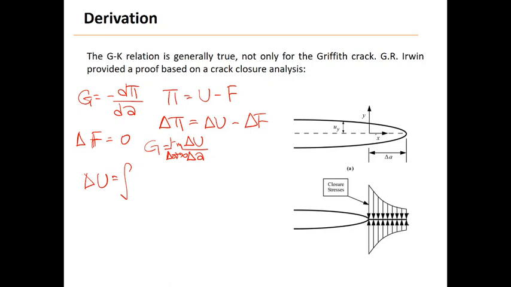When the crack extends by delta A, other areas far away from the crack, and far behind the crack, have the same stress level. Those areas don't change, because what is changing is only the stress around the crack tip. Therefore the difference is zero, and we don't have to account for that.